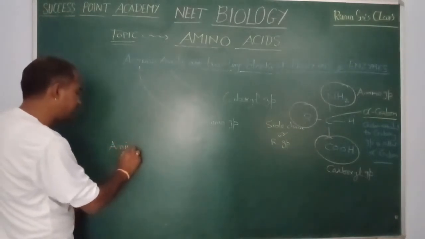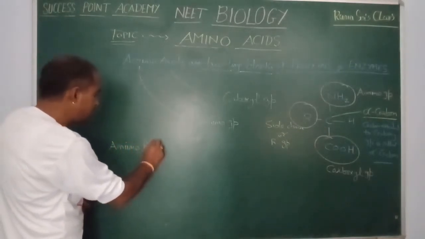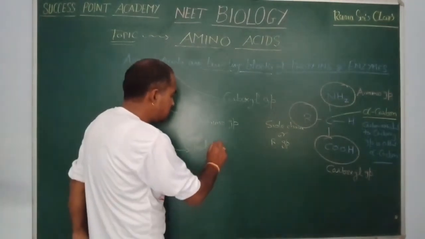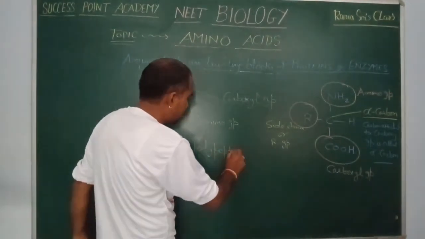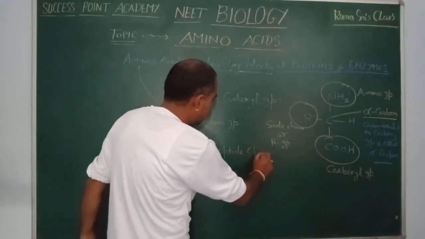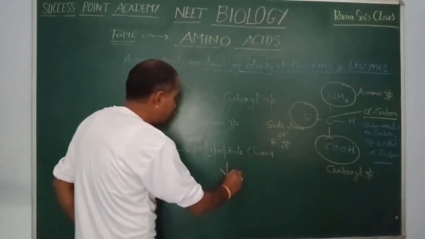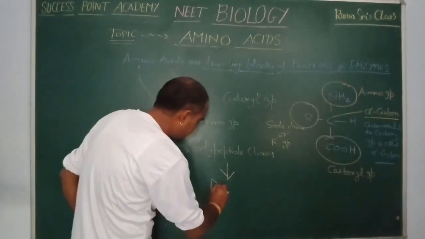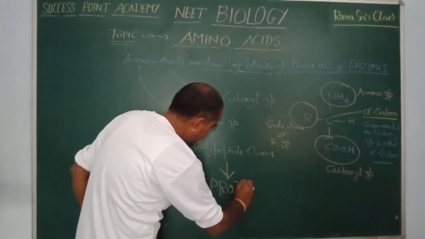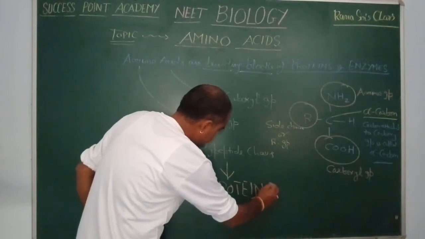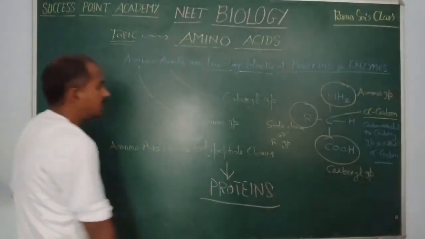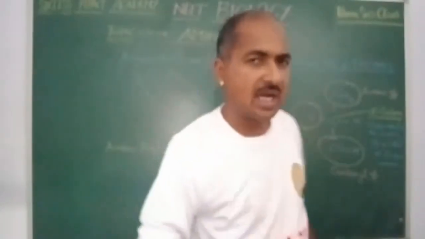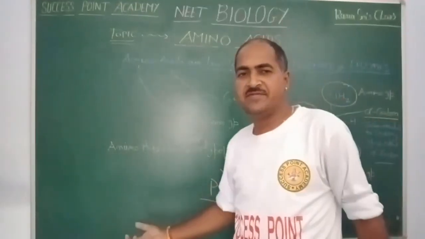Different amino acids unite to form polypeptide chains, which ultimately form proteins. So this is how amino acids are important for our life.